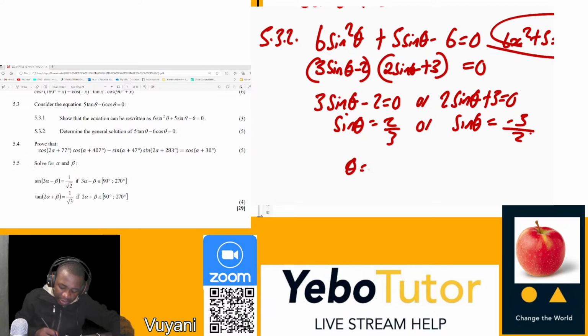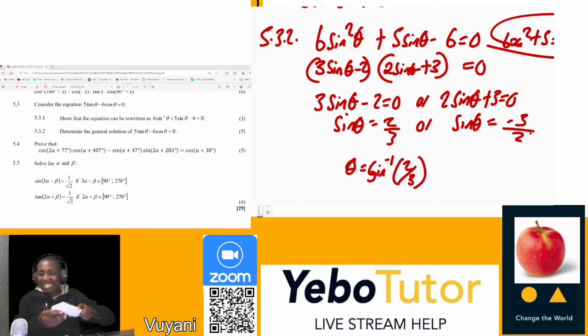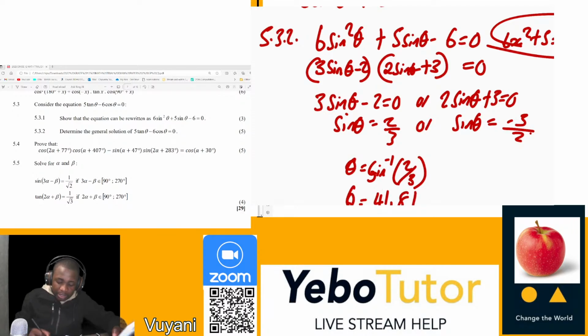So theta equal to sine inverse of 2 over 3, which is the arc sine. The arc sine of 2 over 3 will give us theta is equal to 41,81. Then we look at the one for negative 3 over 2. Then we get error, which means we can now write no solution. Write that down so that they are able to see that we did the calculation.